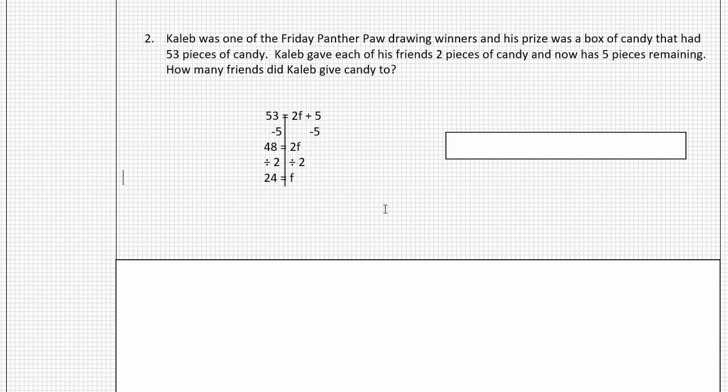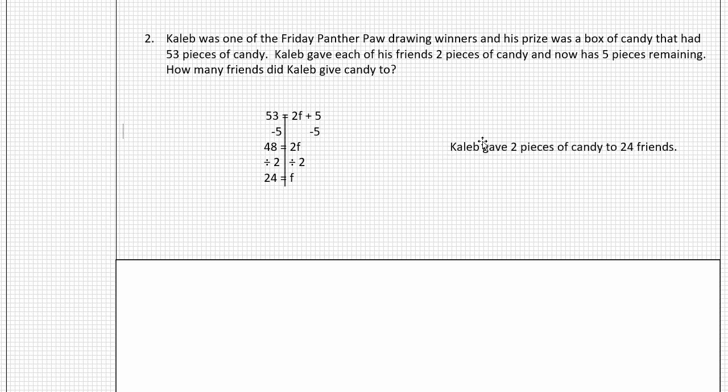We can test our work and use 24 in place of f, and 24 times 2 is 48. 48 plus 5 is 53. So we find out that Caleb was very generous, and Caleb gave 2 pieces of candy to 24 friends.